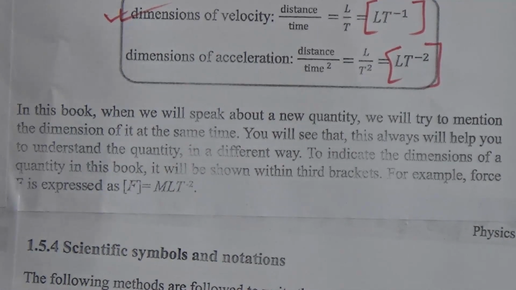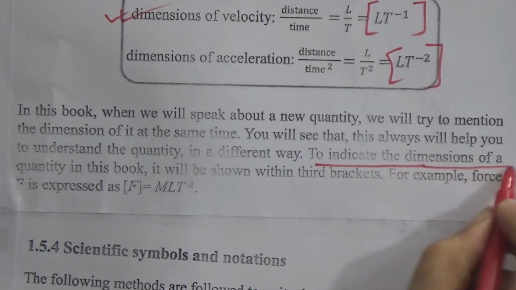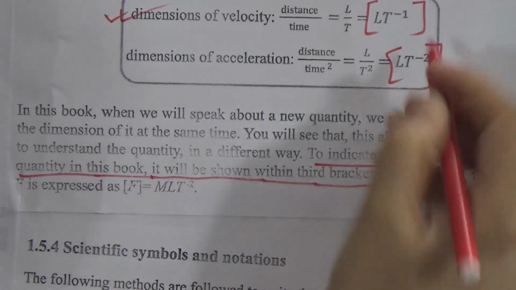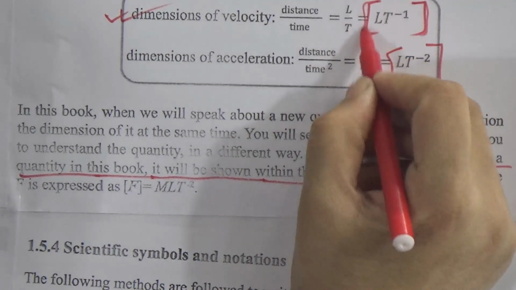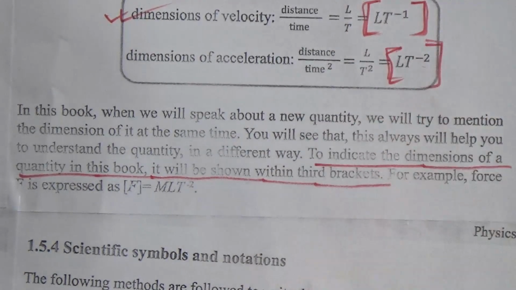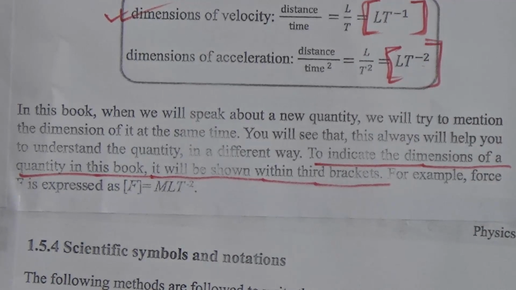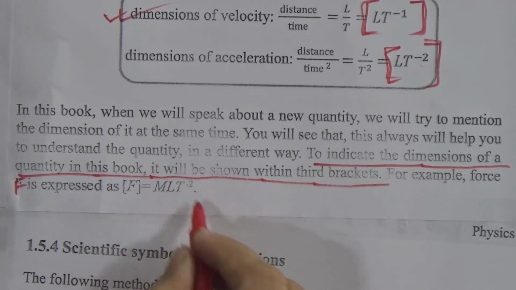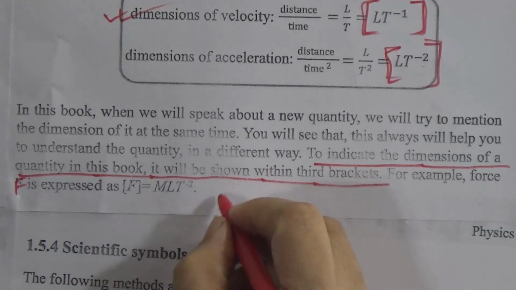My dear students, to indicate the dimension of a quantity in this book, it will be shown within brackets. For example, force F is expressed as F equals ML per T squared.